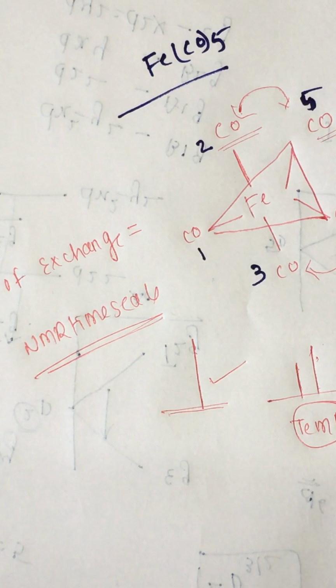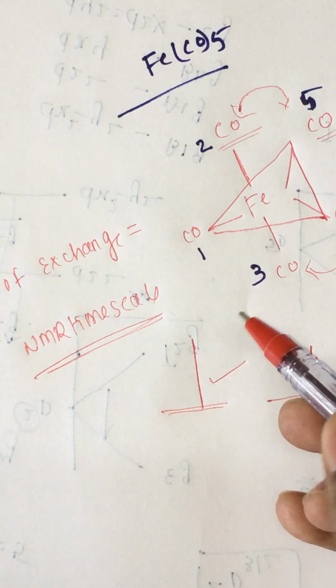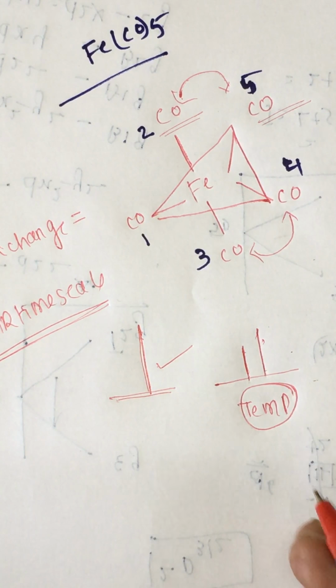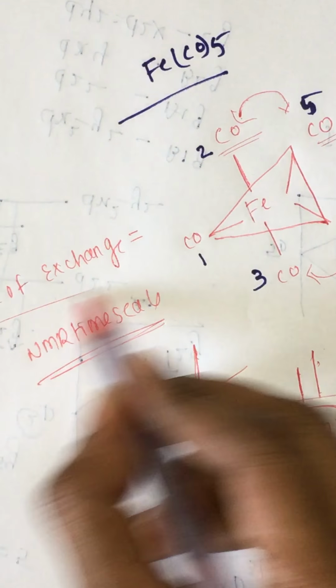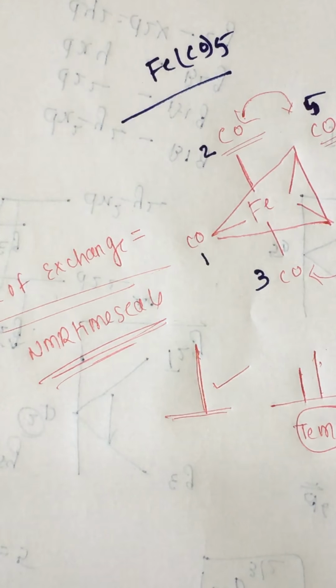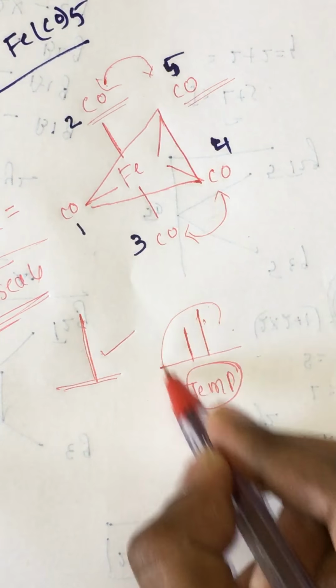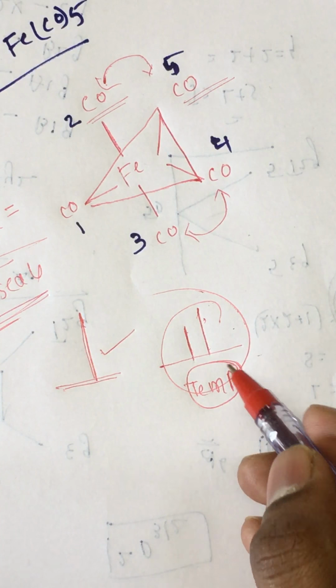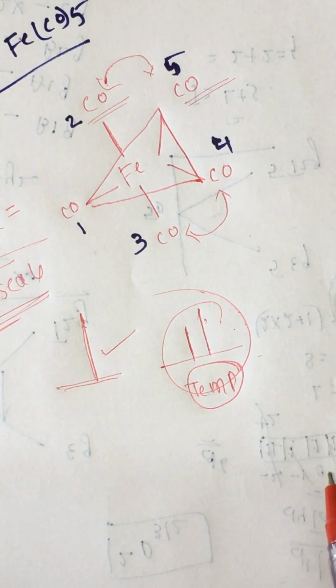Because of that, NMR could not identify axial and equatorial, and we get a single peak, whereas at low temperature the rate of exchange is almost equal to the NMR time scale. Because of that we get two peaks. So at low temperature NMR can identify axial as well as equatorial, and that is why we get two peaks for Fe(CO)5 at low temperature.